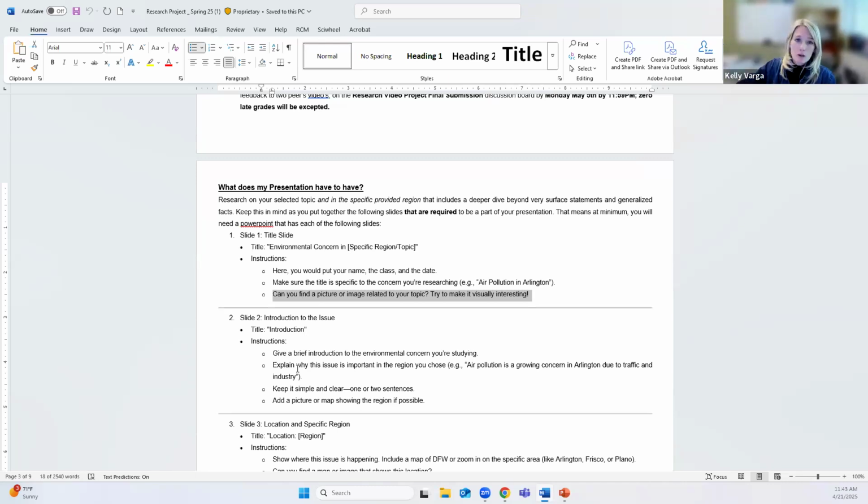So again, reading through and knowing that expectation for the first pass: can you find an image that relates to your environmental concern? Maybe it's a map, maybe it's a location, maybe it's a picture of a specific species you're going to talk about, right? Make it relevant. That's the most important part here. You're not just Googling random images.